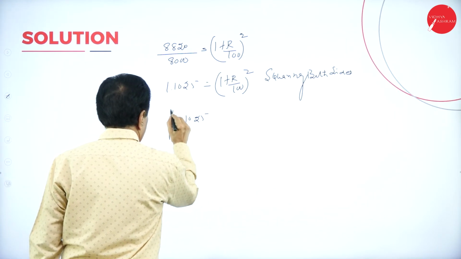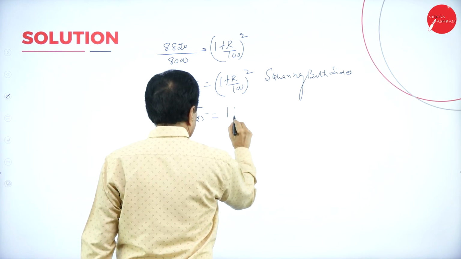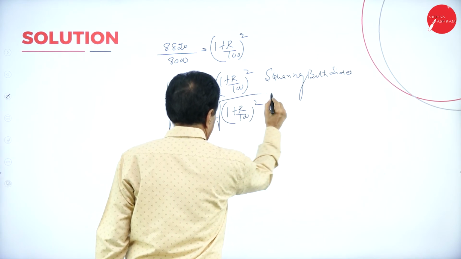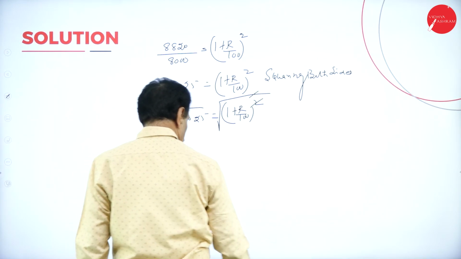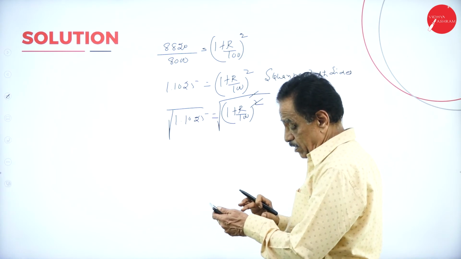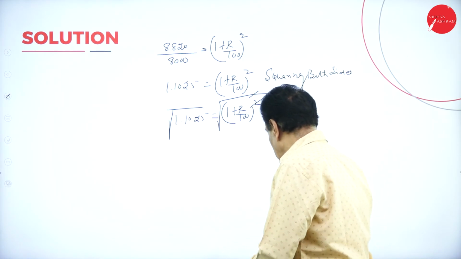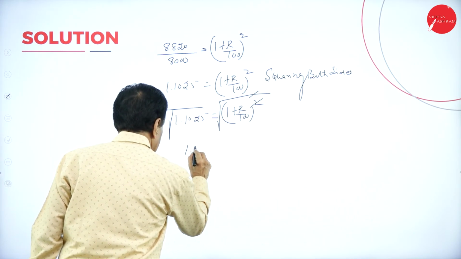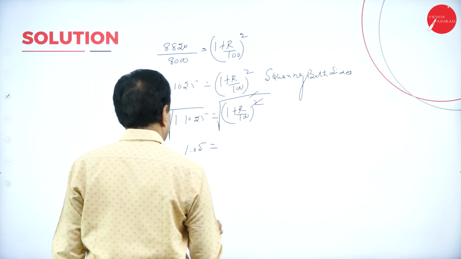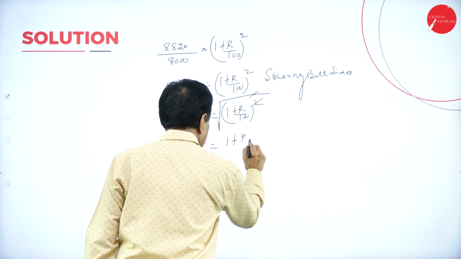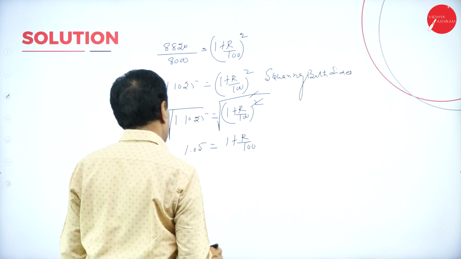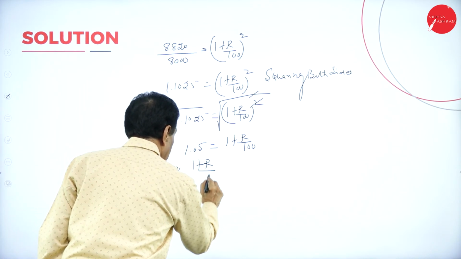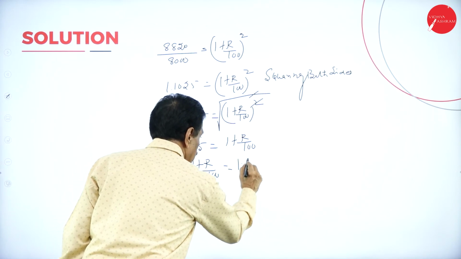1.1025 is equal to 1 plus r over 100 whole square. Root of this is 1.05. Root of this is 1 plus r over 100. So 1 plus r over 100 is equal to 1.05.